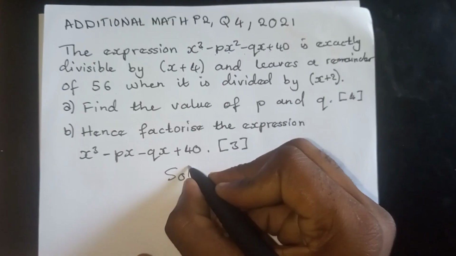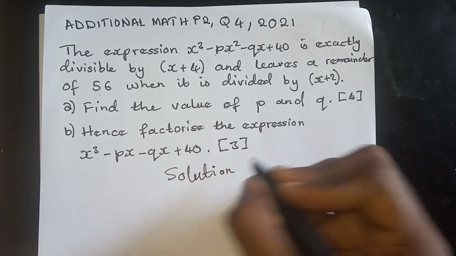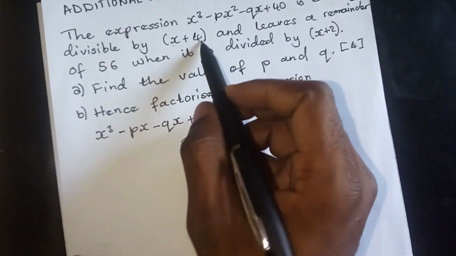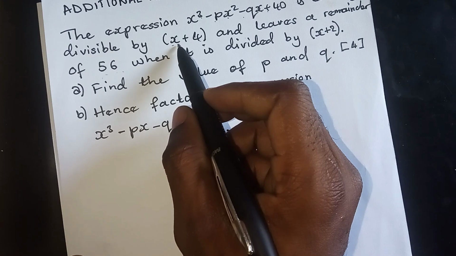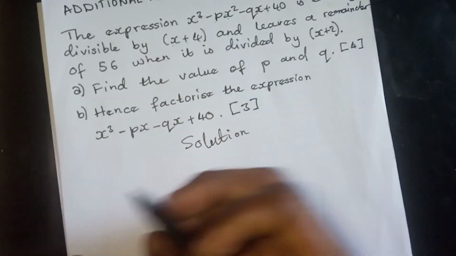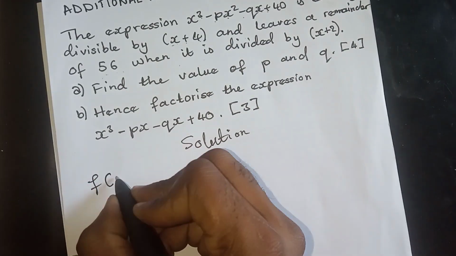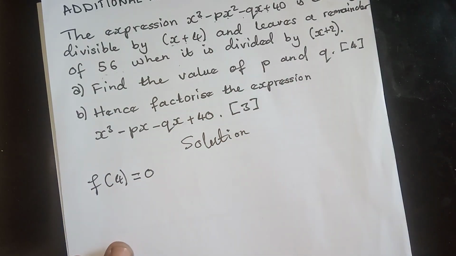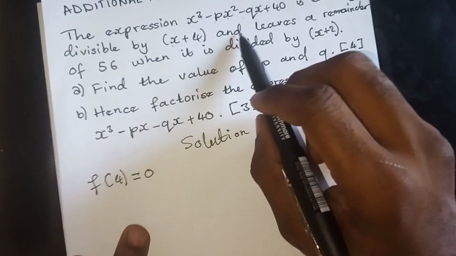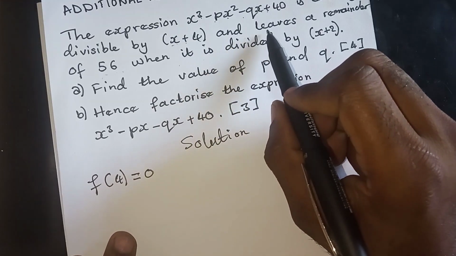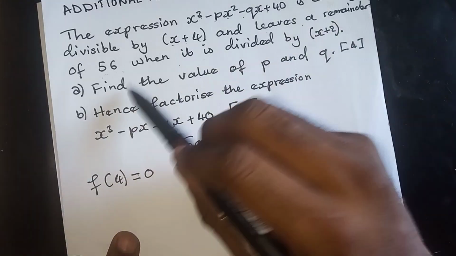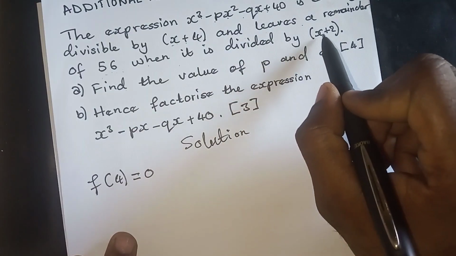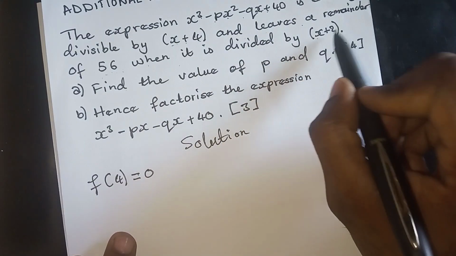So to solve this, we have two facts here. The first one is this is a factor of this. So that means f of negative 4 is equal to 0. And then we also have another condition which states that it leaves a remainder of 56 when it is divided by x plus 2.